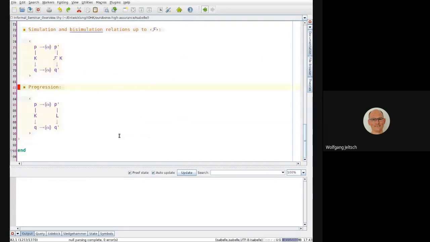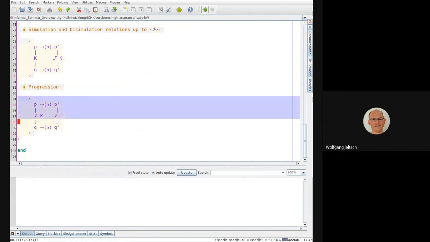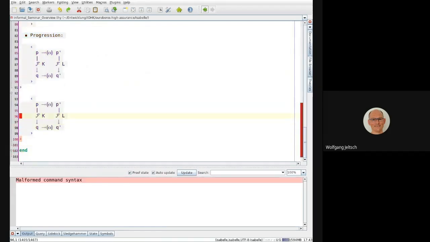So this is FK on the left and this is FL on the left. Let me maybe write this here. So we have this. And we have also the same thing for G.